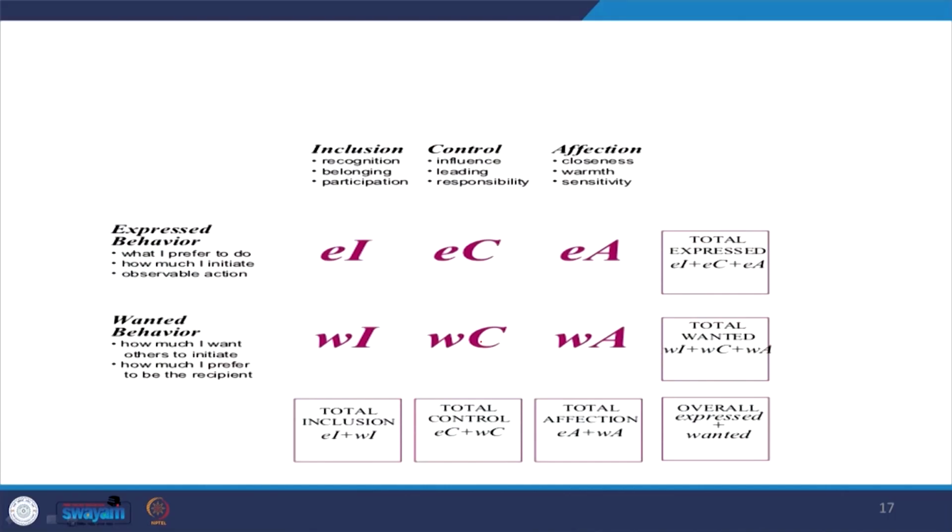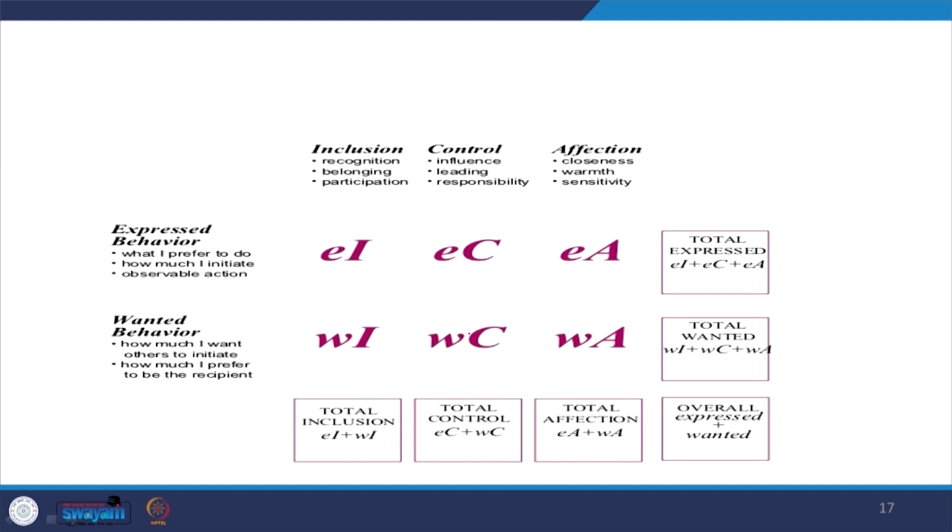Whenever we are talking about wanted behavior, what is wanted behavior? Wanted behavior is how much I want others to initiate, how much I prefer to be the recipient from others, to be initiated. So, it will be WI, then WC and WA, meaning wanted inclusion, wanted control and wanted affection.